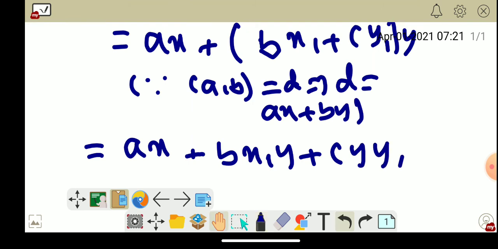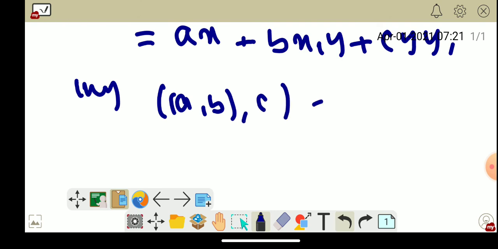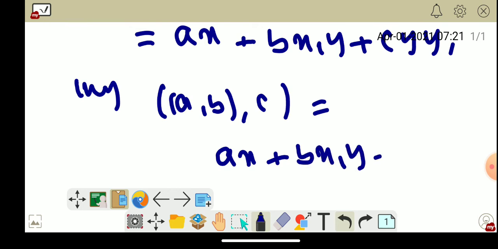Similarly we can prove GCD of AB comma C equal to the same: AX plus BX1Y plus CYY1.